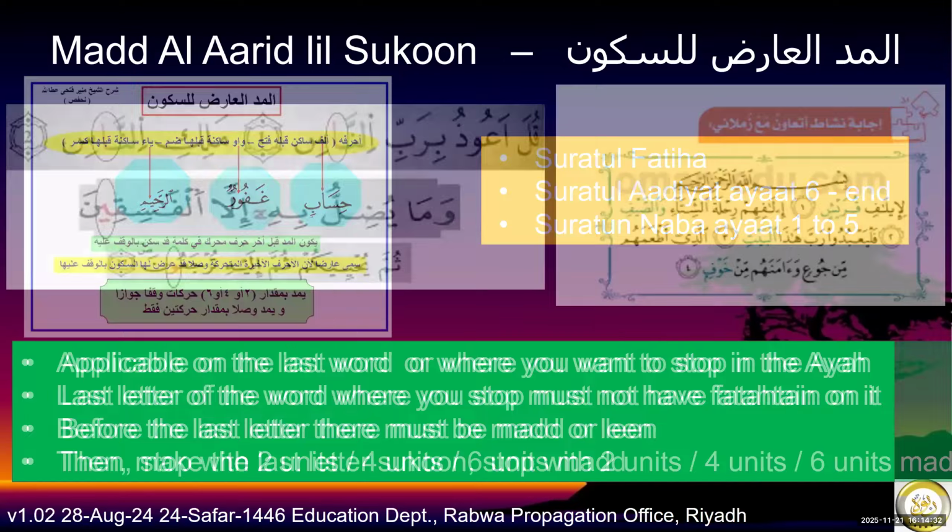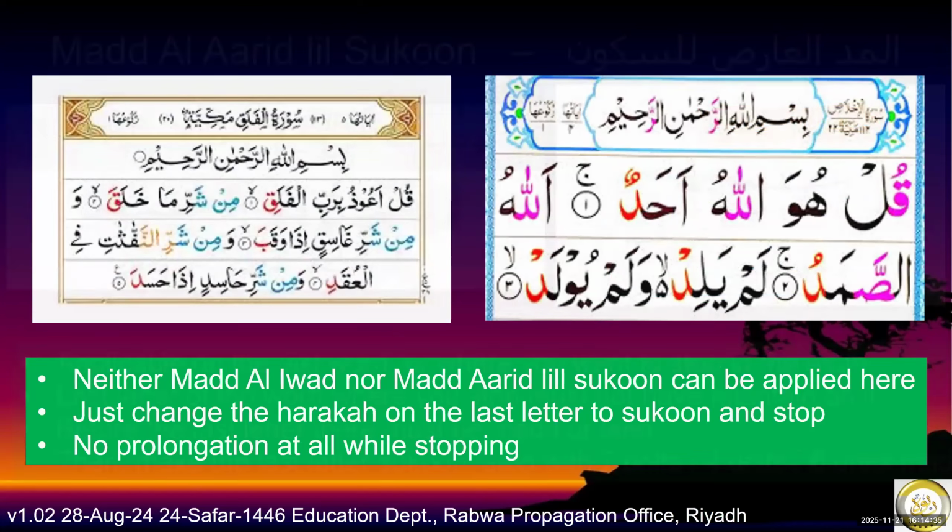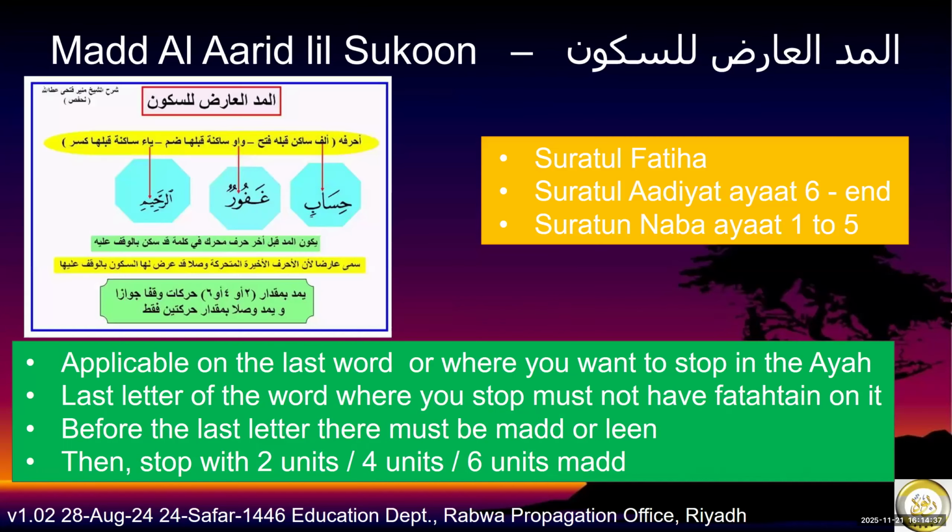Okay. So we can apply 2, 4, or 6, any unit. Any one of these choices depends on the reader. If you read with 2 units, acceptable; 4 units, acceptable; 6 units, acceptable. But uniformity has to be maintained. If he is reading from the first ayah till the end of the surah, wherever he stops, if Mad Arid Lil Sukun comes, he has to follow the uniform prolongation.